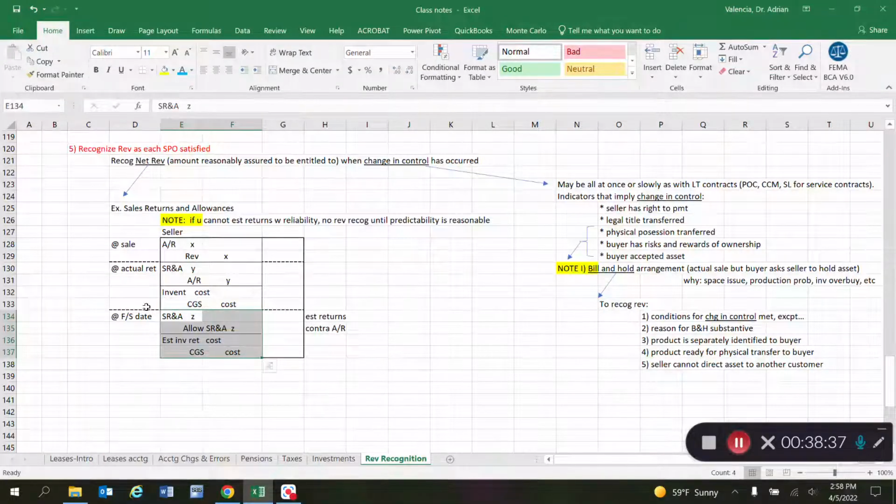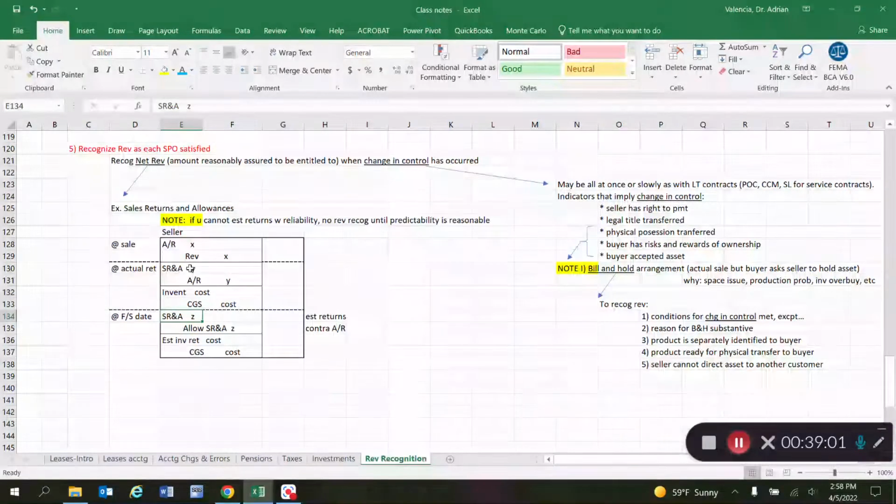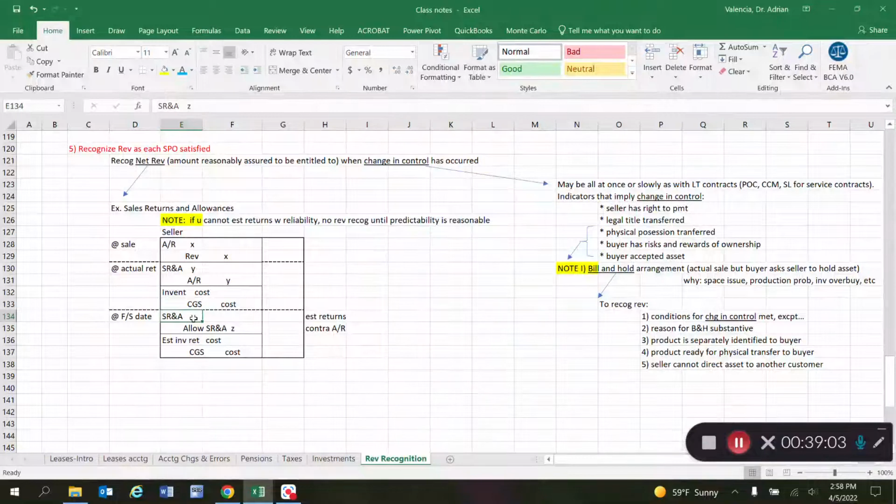So whichever way you do it, this is done on the financial statement date before information goes out. I will estimate what amount of returns from these sales X might still come in. And that's where you have to be able to estimate it with some form of reliability. So I am saying that I think we'll still have Z amount of returns apart from Y. We already had Y. So Y plus Z is the total amount of returns I think are related to X sales.